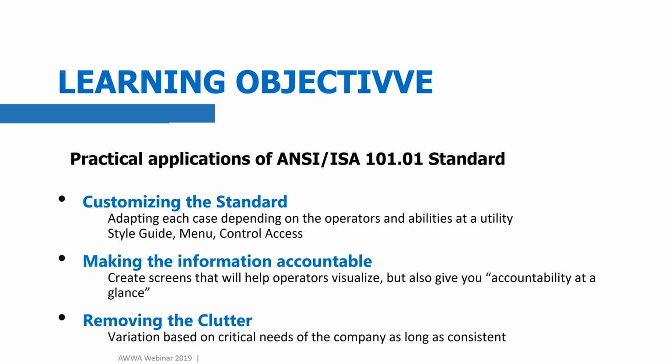That leads us into removing the clutter. In removing the clutter, several things come to mind. Organization, the layout, the amount of data, information that's on the screen that really has no relative action that is going to come from displaying it.